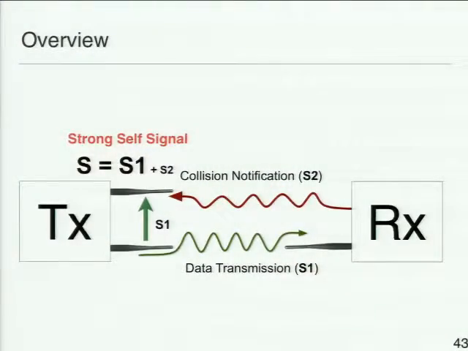This sounds good, right? But it does not work. Why? Because there is a high self signal between the transmit and the listen antenna. And because of this strong self signal, S1 is going to be so high at your listen antenna that in presence of S1, it's going to be hard to understand the presence of S2.